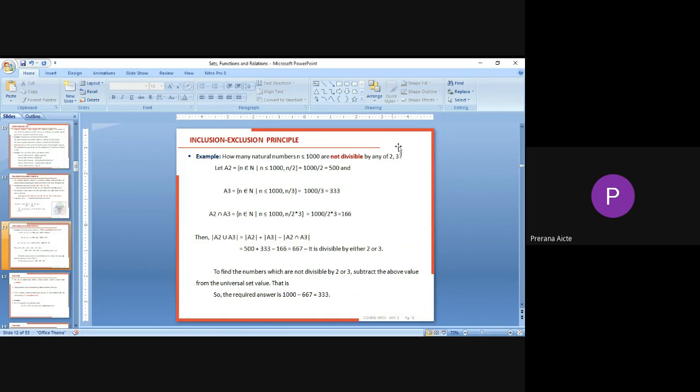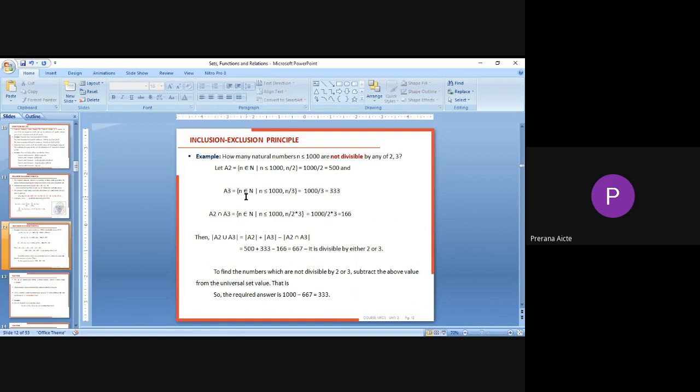With respect to our inclusion and exclusion principle, we can solve this. We need to define two sets, set A2 which are divisible by 2, and another set A3 which are divisible by 3. For A2, the total number of elements is 1000 divided by 2, so we get 500.